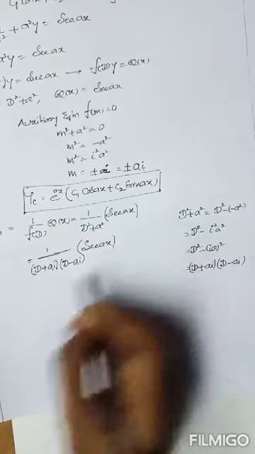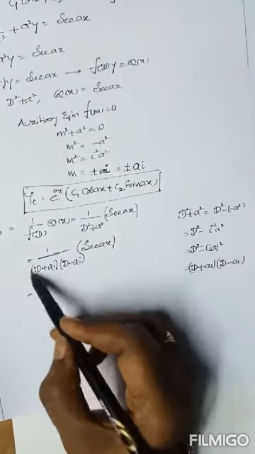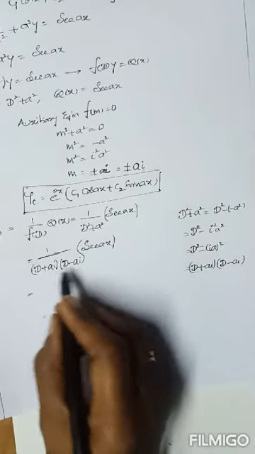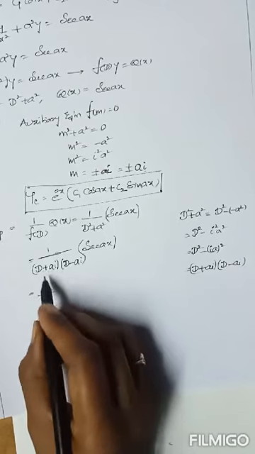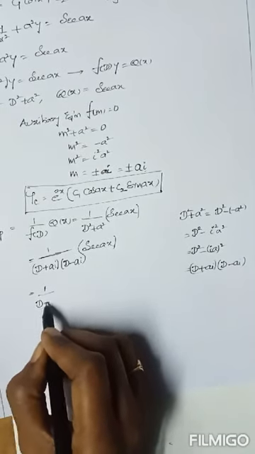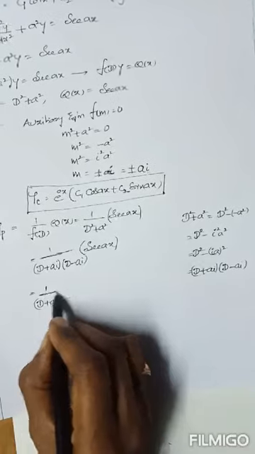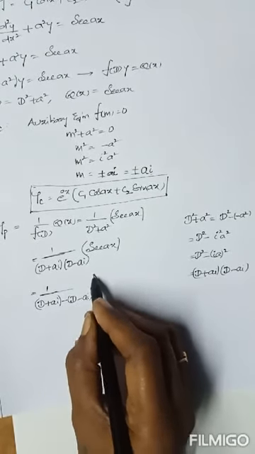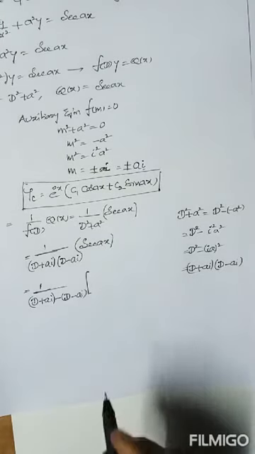After that, partial fractions of this part. The shortcut rule is similar to the previous one. Out of two factors, first, 1 by greater factor minus smaller factor, into the next fraction.